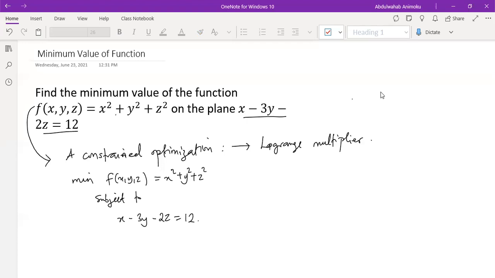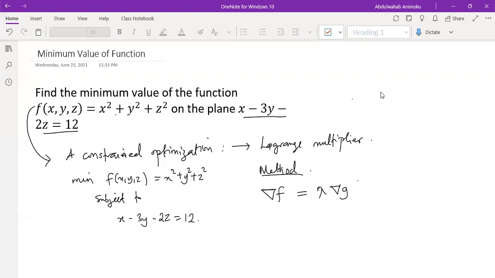After you've done this, how do you apply Lagrange multiplier? Here's the method. We need to find the gradient of this function f and equate it to the gradient of the constraint, which we'll call g, multiplied by a constant called lambda.